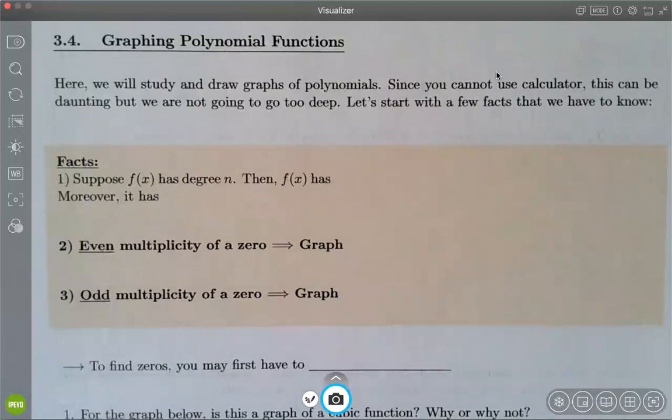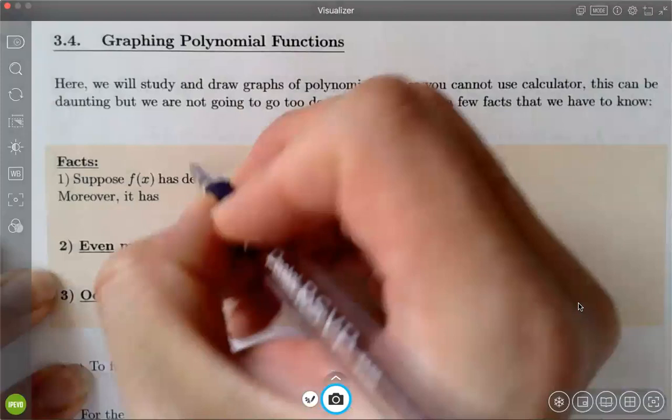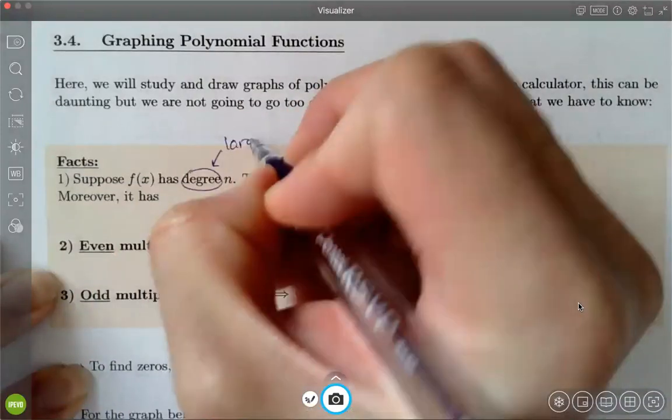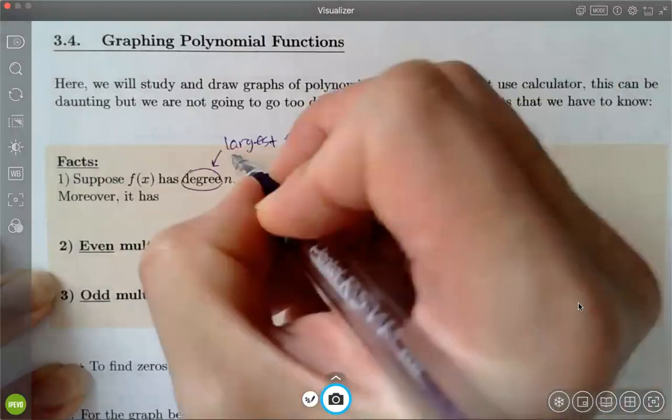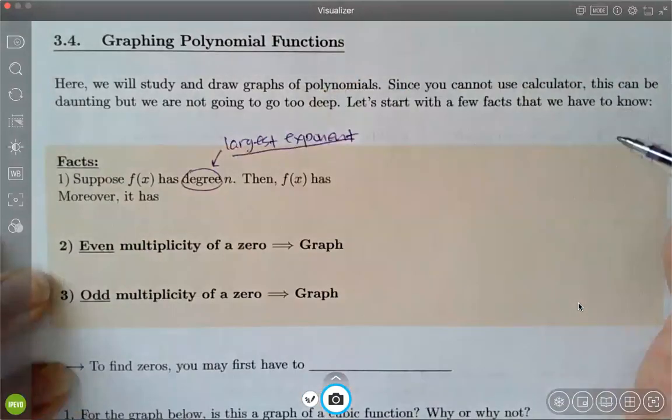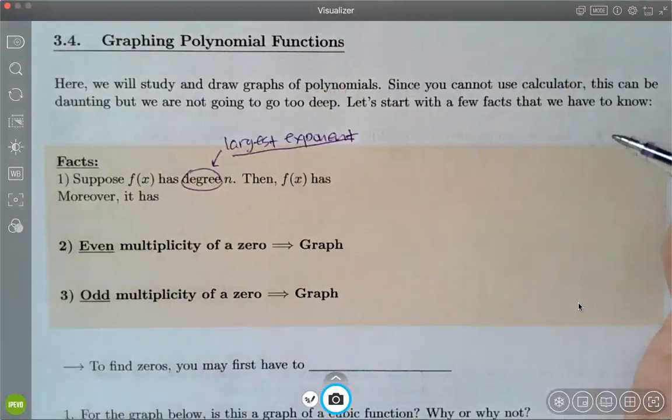Okay, so here is the first fact. So suppose f of x has degree n. Okay, so now yesterday I defined briefly what the degree means. So remember, the degree is the largest exponent. Okay, that's what degree means. So f of x has the largest exponent equal to n, which is some number.